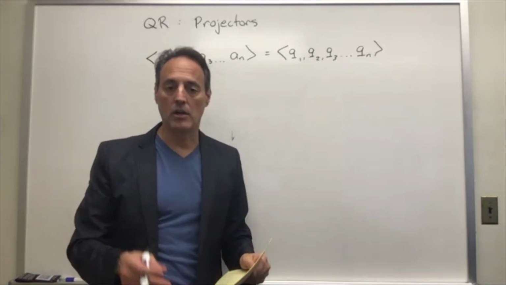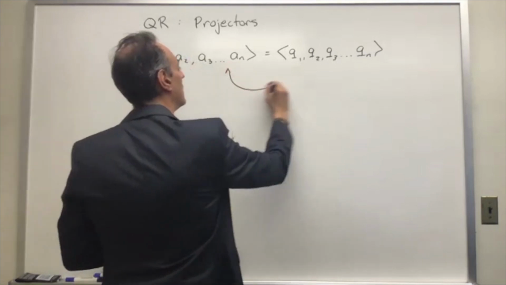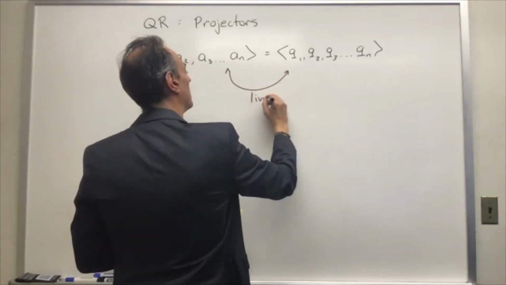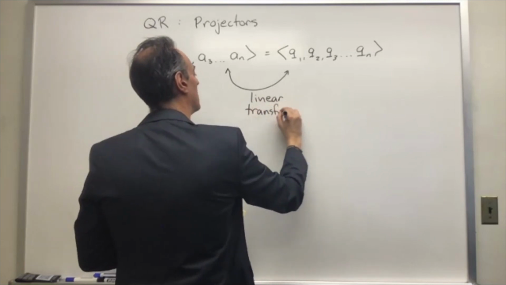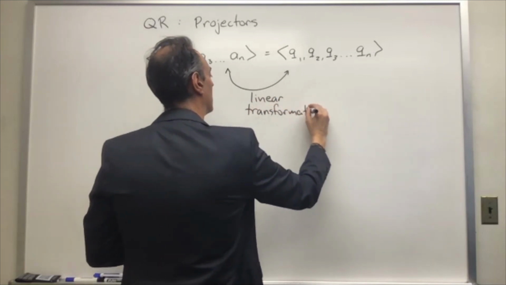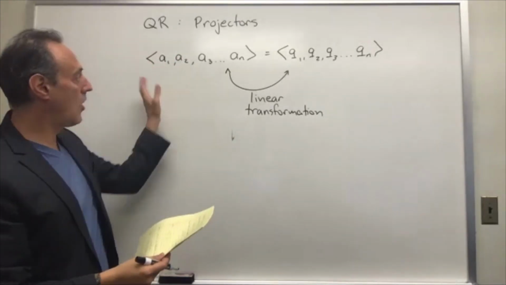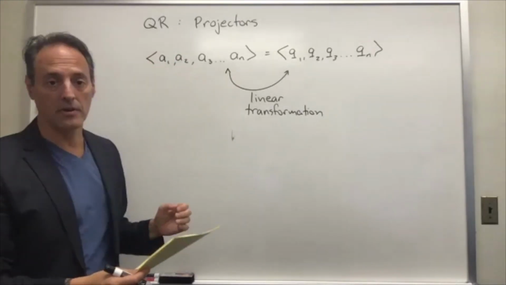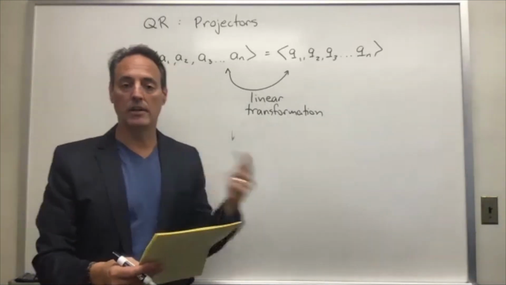In particular, there is a linear transformation between these. And the idea behind QR is to say, I know how to go from one to the other. And the transformation is through an upper triangular linear transformation.